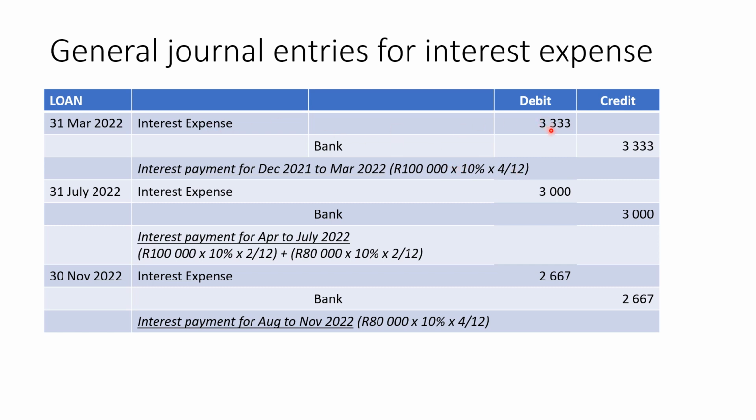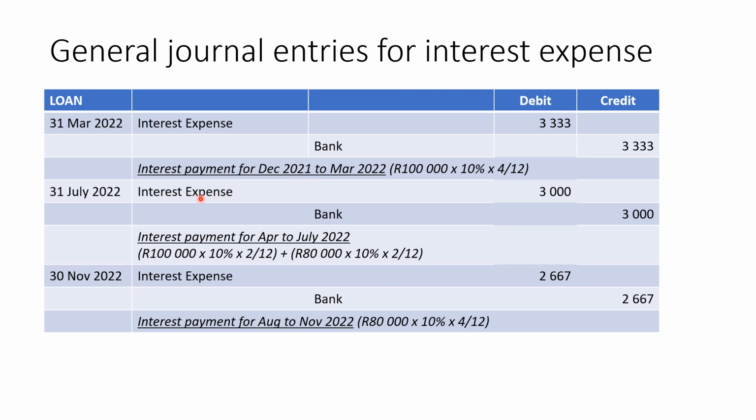And that amount is 3,333 Rand. That's going to be debited to my interest expense account. Now remember, this December amount, when we look at the account, you will see that amount has actually been credited to interest expense, which basically takes it out of this payment. But this is the total amount we're going to pay for the 4 months on the balance of the loan at that point.